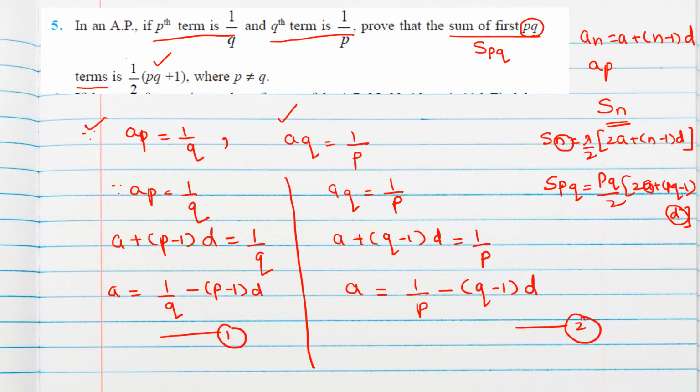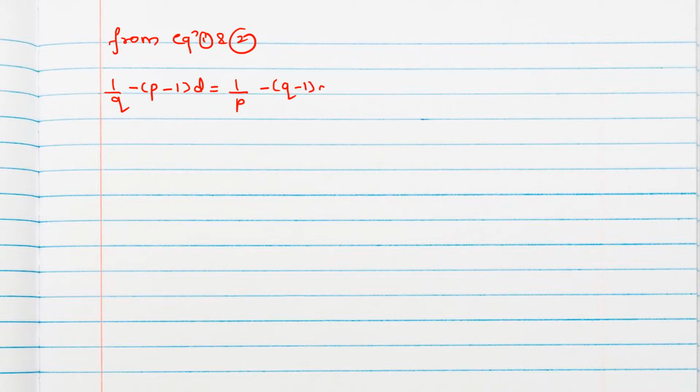Since a equals this expression from equation 1 and also this expression from equation 2, we can equate both values of a. So the next step is equating the a value. From equations 1 and 2, 1 by Q minus (p minus 1)d equals 1 by P minus (q minus 1)d.